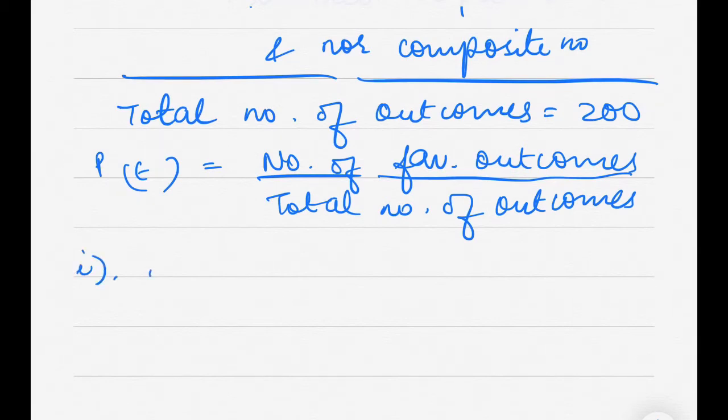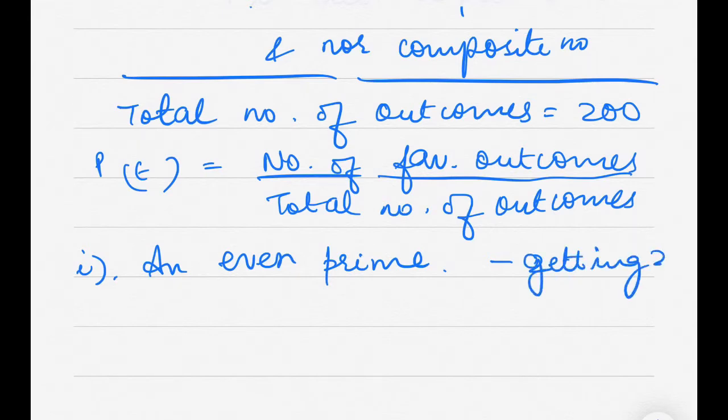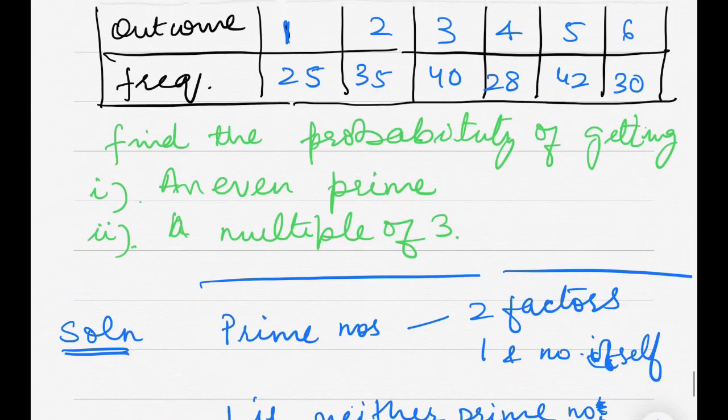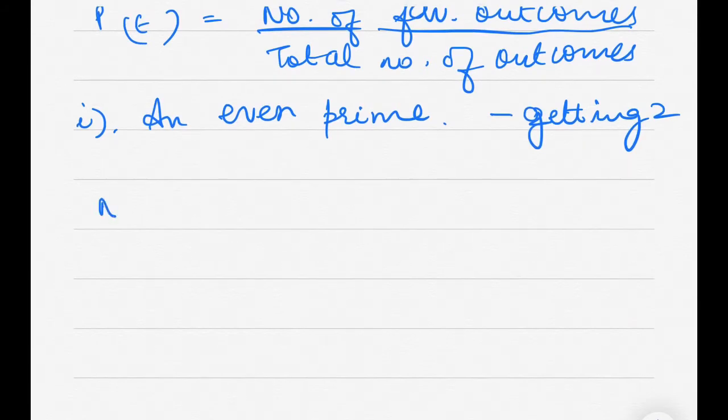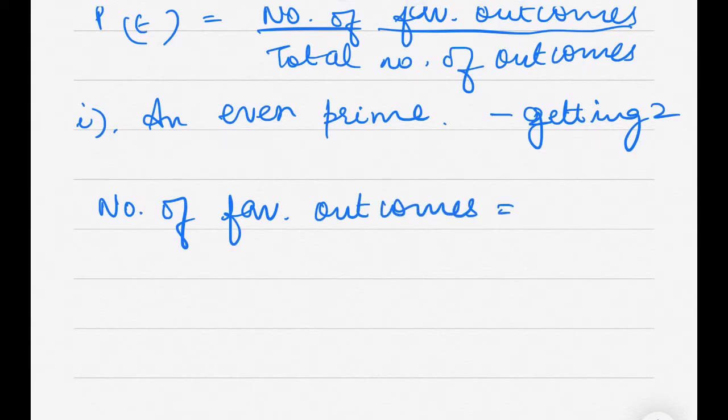Now I'll move to the first part. It says the probability of getting an even prime number. There is only one prime number which is even, others are odd, and that is 2. So getting 2 would be getting an even prime, and 2 is 35 times. So my number of favorable outcomes are 35.